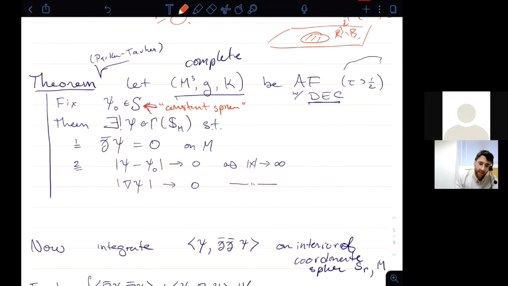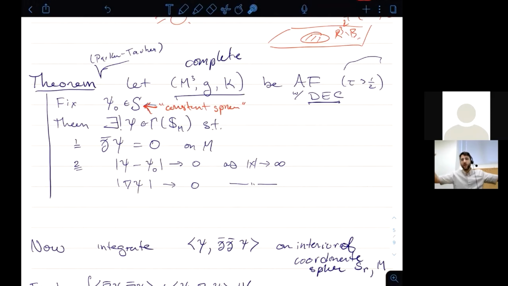All right. So here's the statement. There is a unique spinor on your asymptotically flat manifold, your initial data set, satisfying that it's Dirac harmonic, in the sense that it's in the kernel of the Dirac-Witten operator, and it converges to psi naught. Again, psi naught we're thinking of as a spinor on our manifold, in the sense that the norm of psi minus psi naught goes to 0 as the radius goes to infinity, using the asymptotically flat coordinates on the end of your manifold.